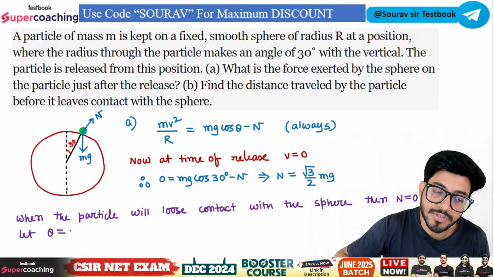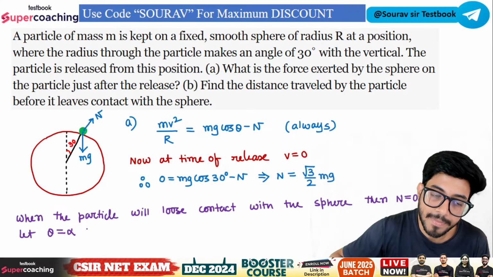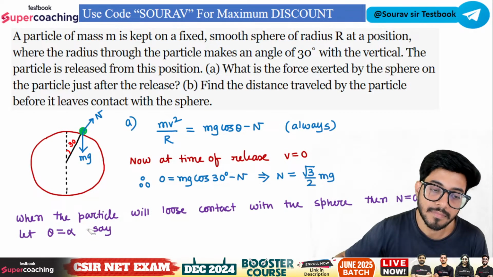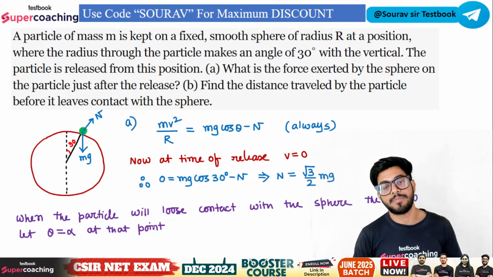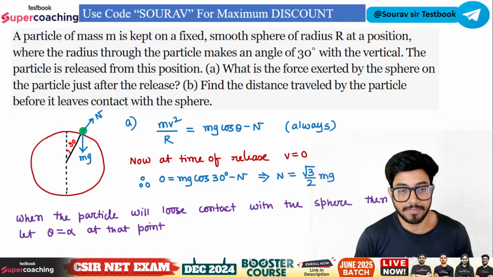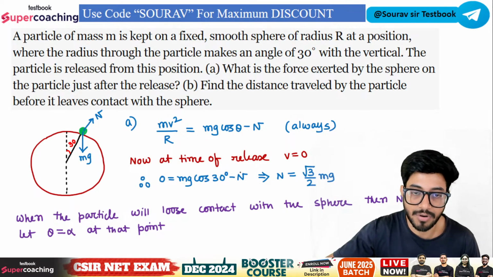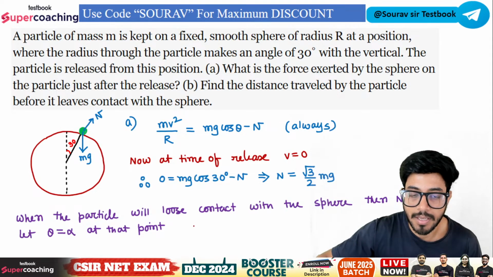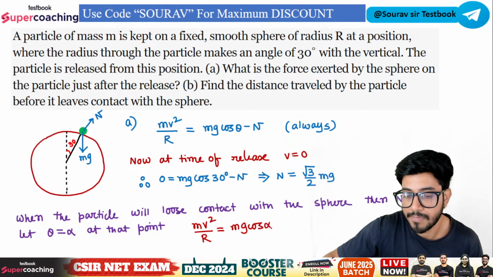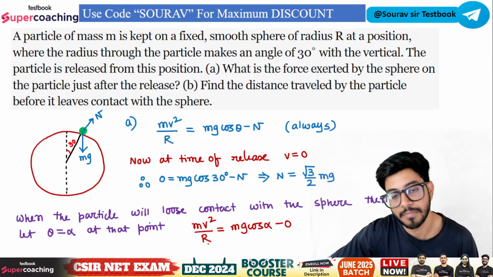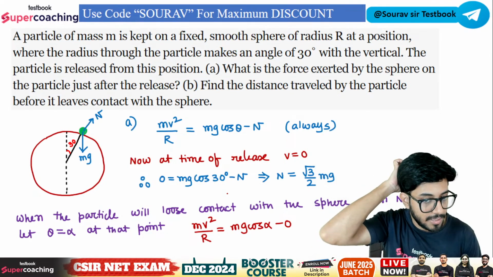Let theta be equal to alpha at that point. So what can I say? mv square by r is equal to mg cos alpha minus 0, and from there you can get the value of v.